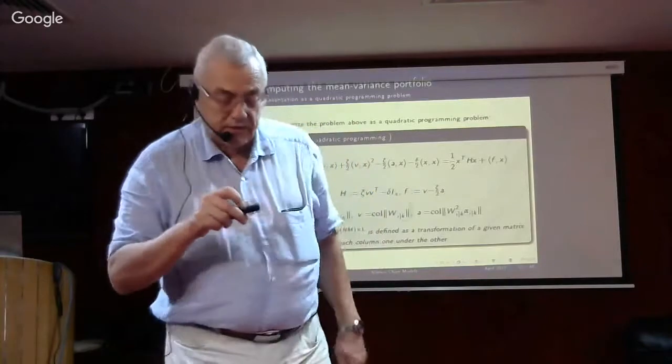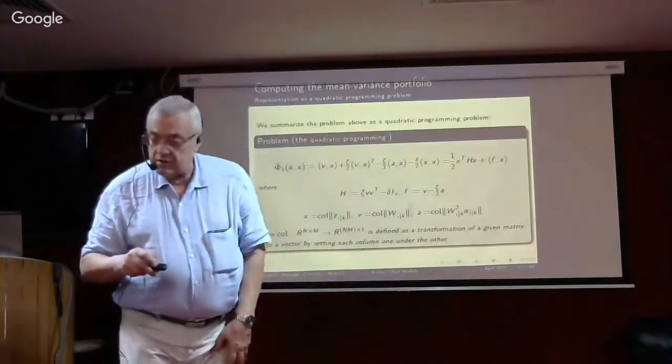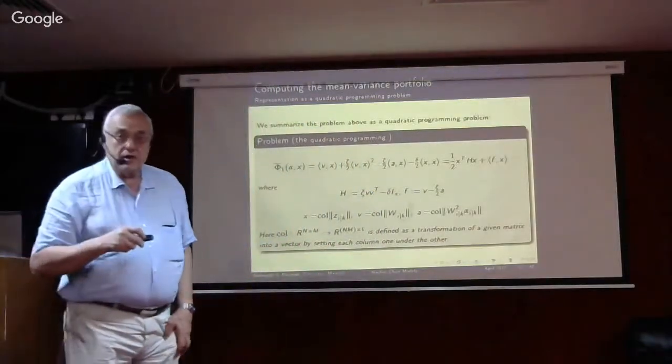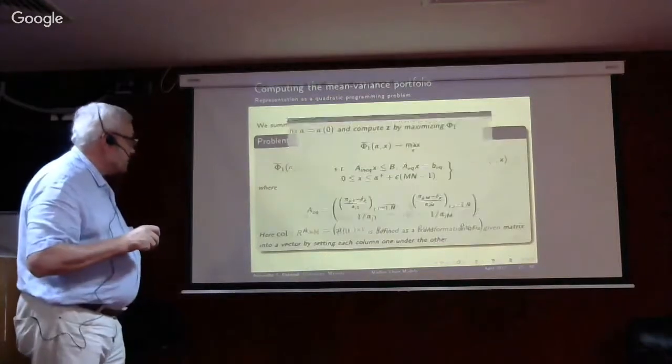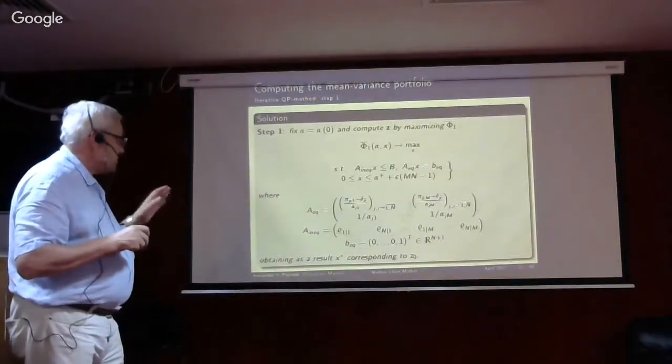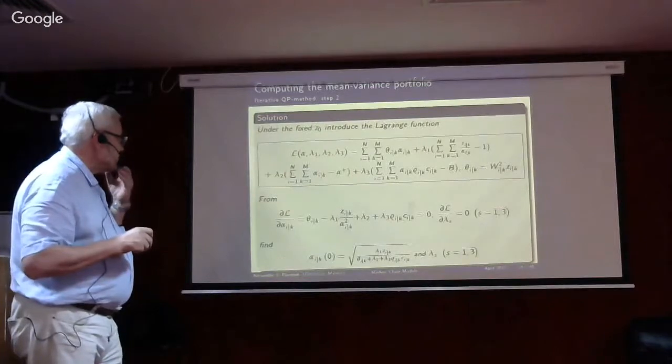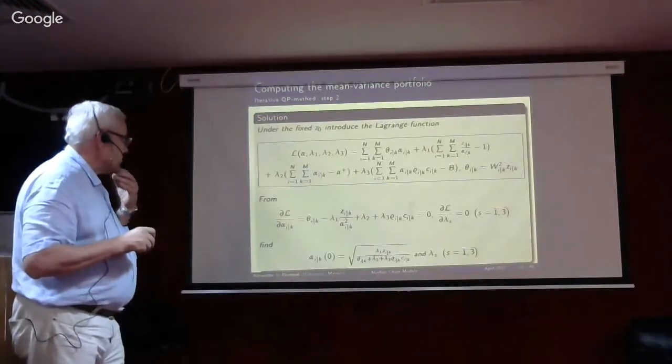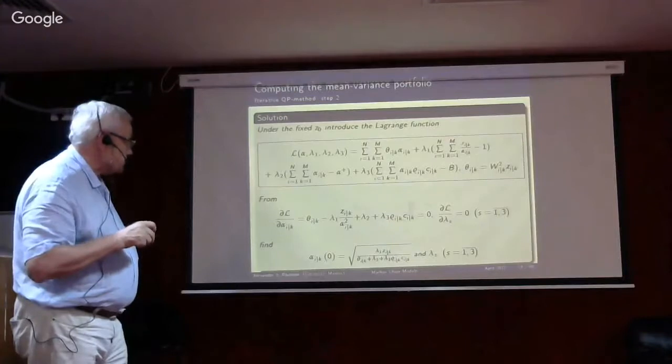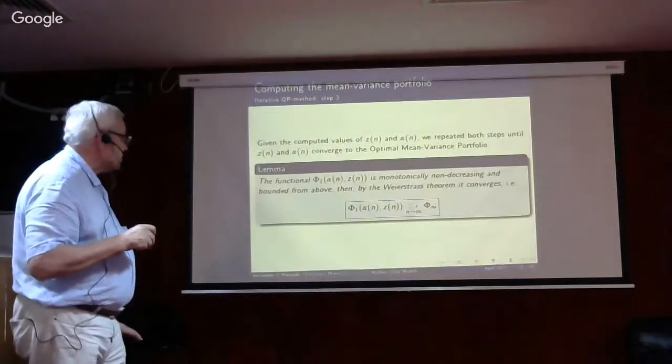So this is some iterative quadratic programming. We have a publication about it. It works very well. This is the explanation of how we use it. We use Lagrange multipliers to obtain these restrictions. I will not discuss more.